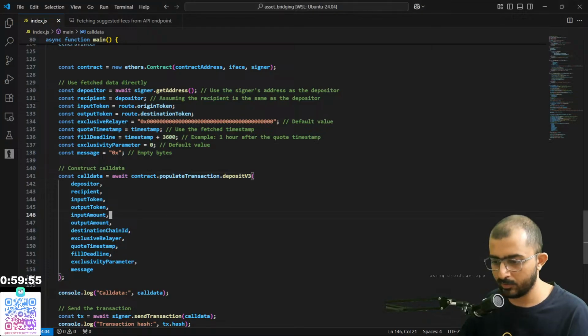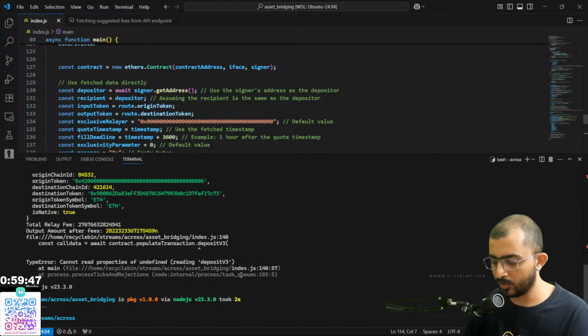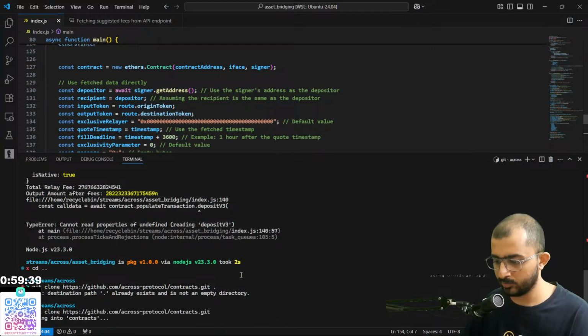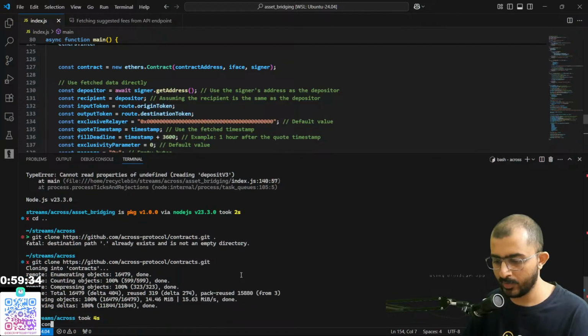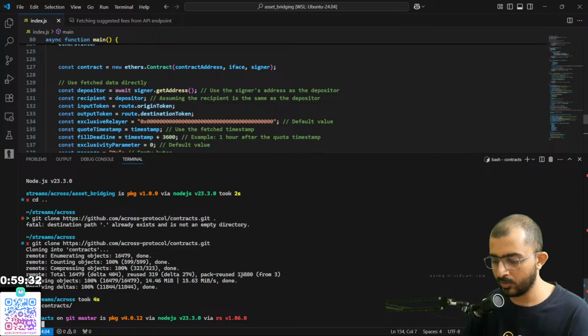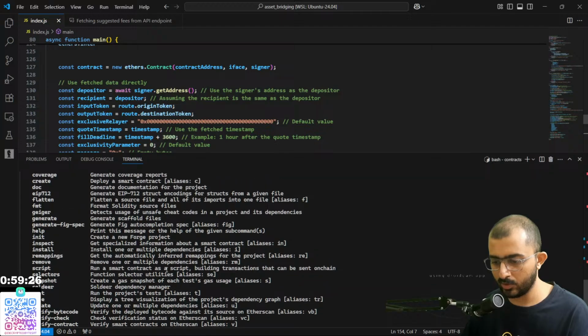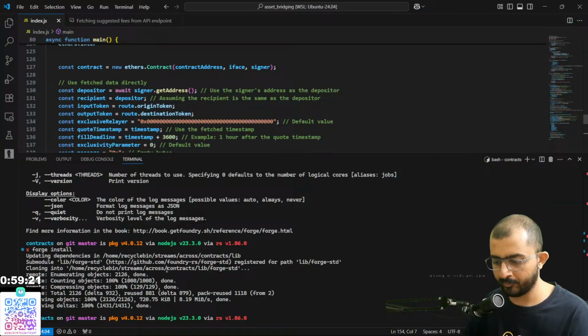Anyway, what I was saying is we can cd into across, git clone. Oh, no. cd contracts, forge. I don't know. Is it forge install? Yes. Forge build.